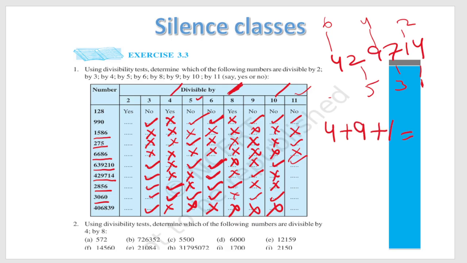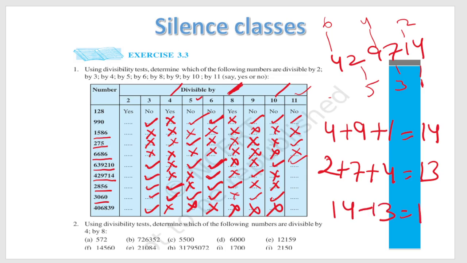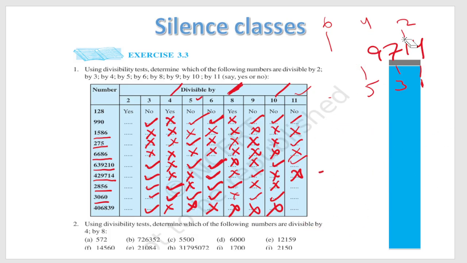I hope now you guys understood. 2 plus 7 plus 4: 7 plus 4 is 11, and 11 plus 2 is 13. 14 minus 13 is equal to 1, and 1 is not divisible by 11, nor is it 0. This number is not divisible by 11.